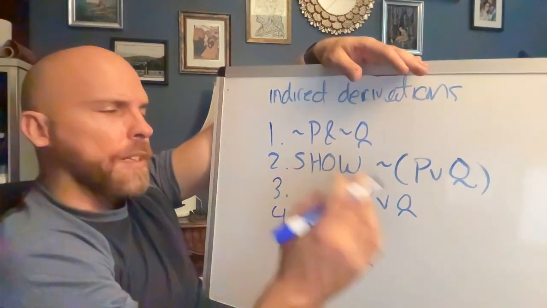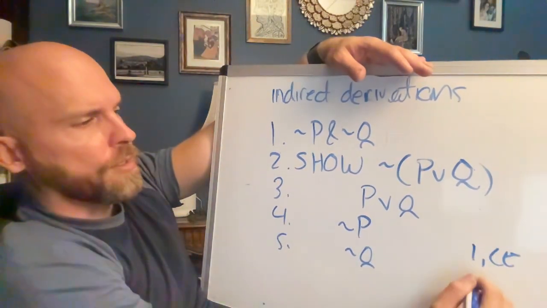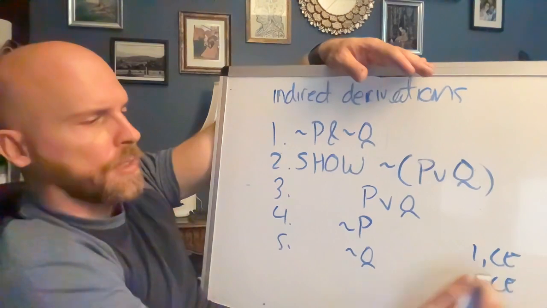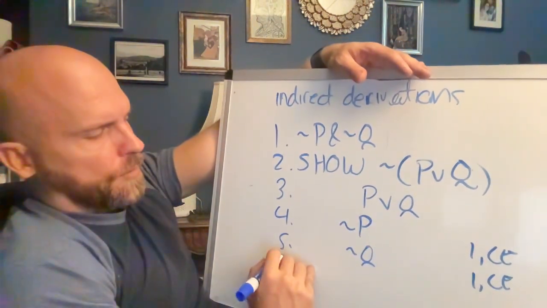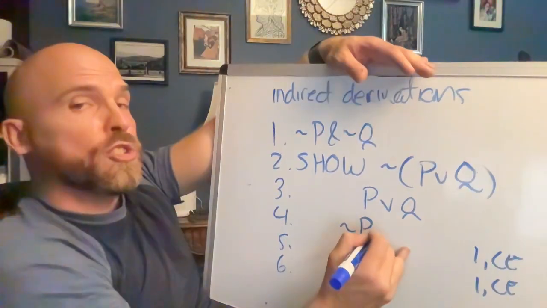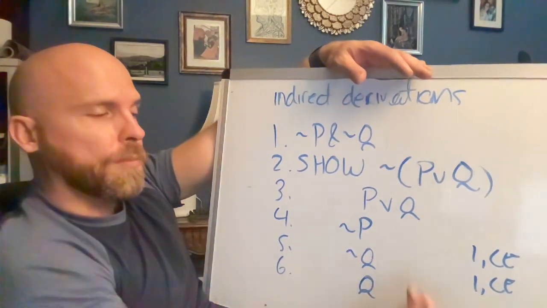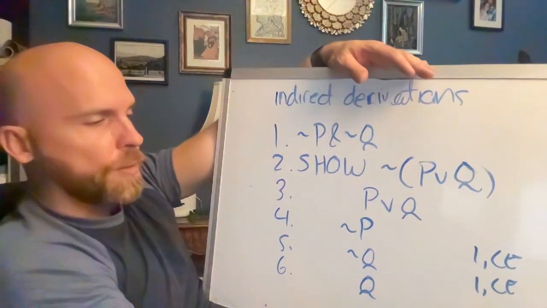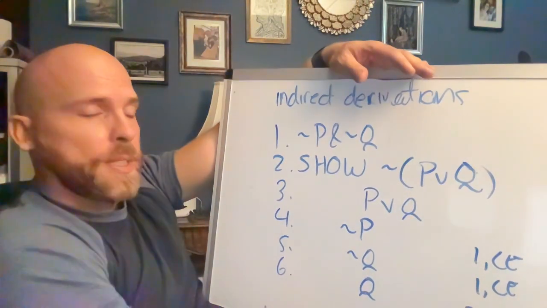Let's see. Just so I'm clear, I have conjunction elimination, conjunction elimination. I've got P. Now, I want to infer, with disjunction elimination, I can get Q, right? That's 3 and 4. Disjunction elimination.